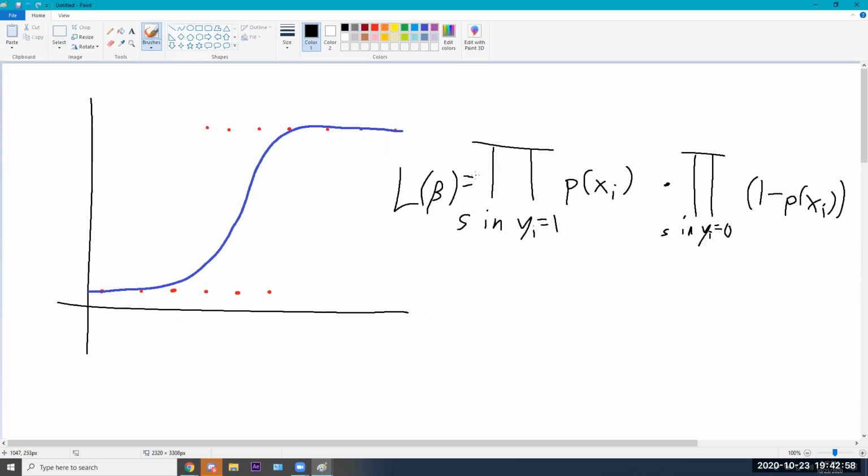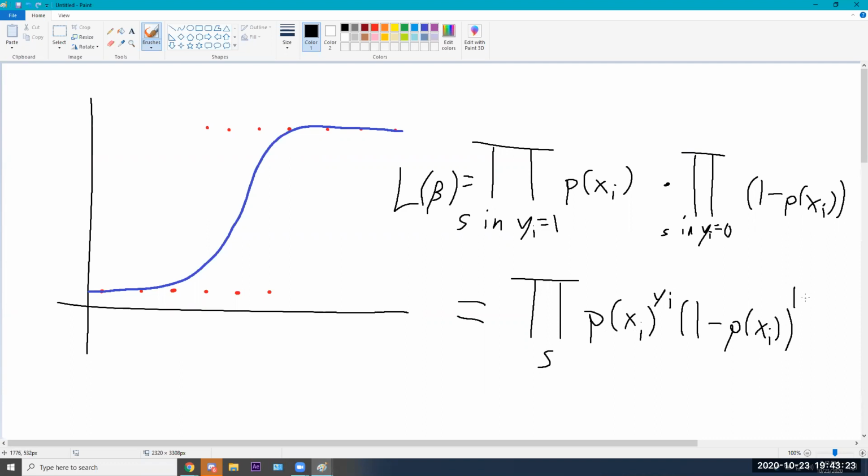So one way to simplify this is to rewrite it like this: P of xi to the power of yi, times 1 minus P of xi to the power of 1 minus yi.